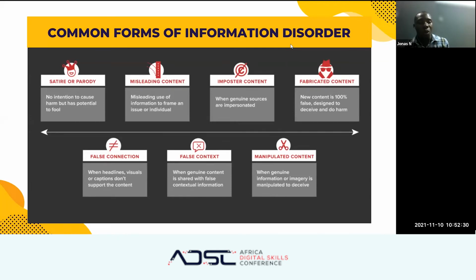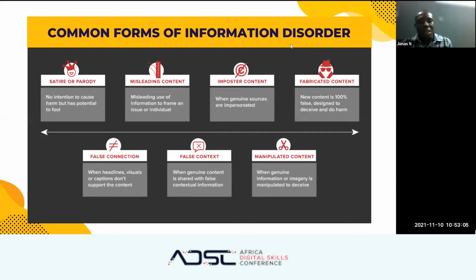They don't check whether the website is actually a news website or just a parody or satire website. Unfortunately, some websites hide in just a little corner to say that every content you read on this site is satire or parody, and so a lot of people don't see it and think that it is true. That is an example of information disorder because it has the potential to fool people.